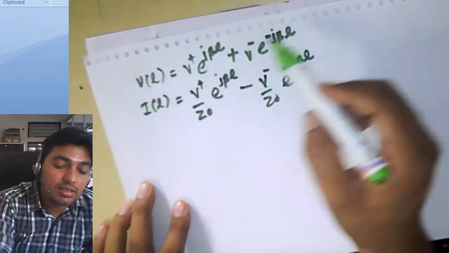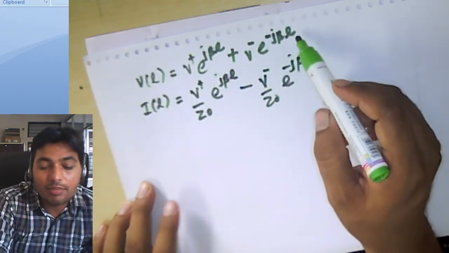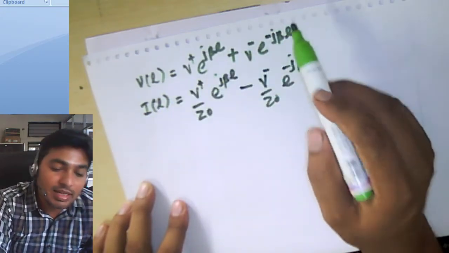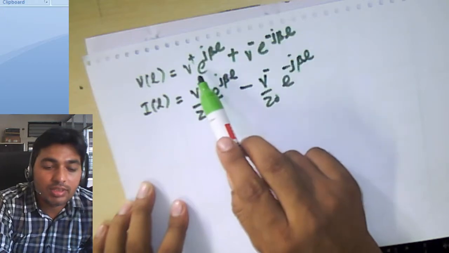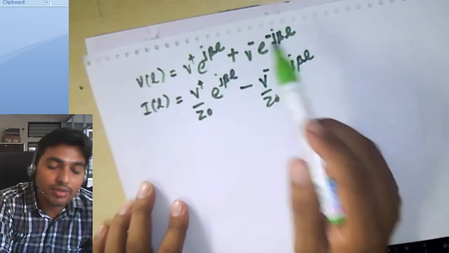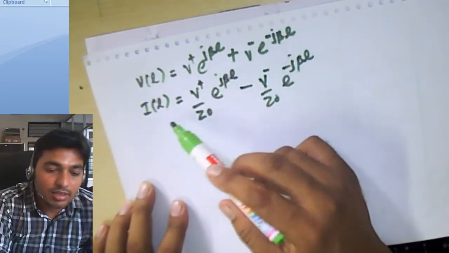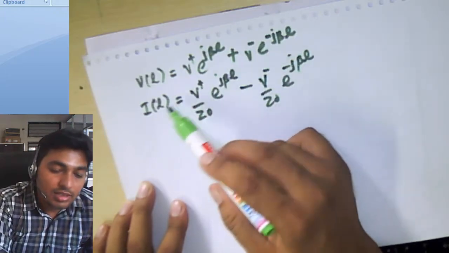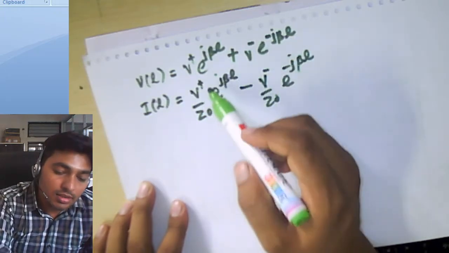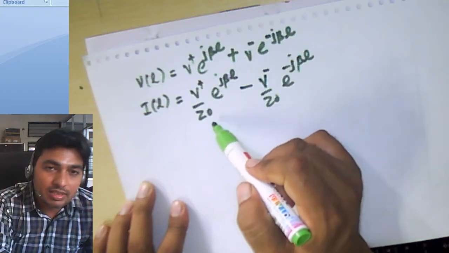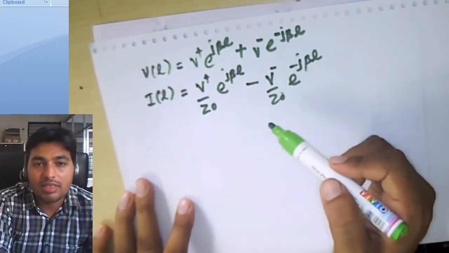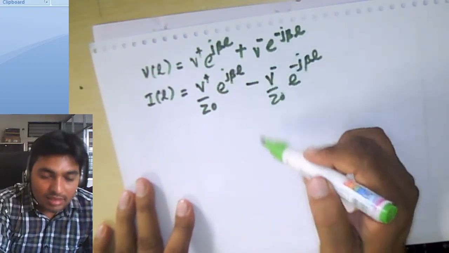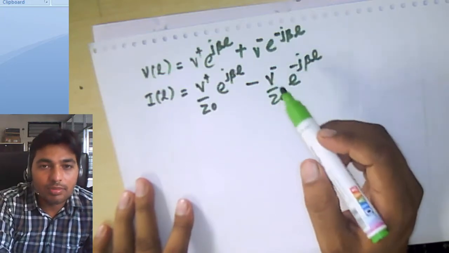This shows that the voltage at any point in the transmission line is the summation of two waves, the forward traveling wave and the reflected wave, while the current is also in terms of voltage, and this represents the forward traveling wave and this the reverse traveling wave. So the algebraic summation of the components will be there.